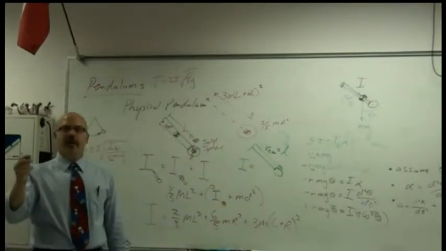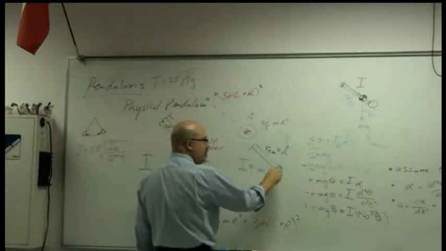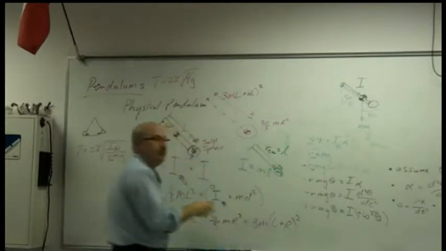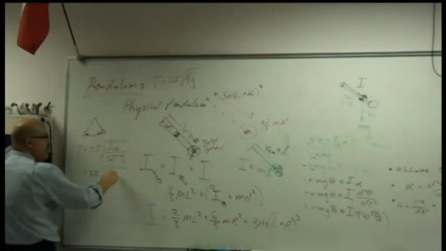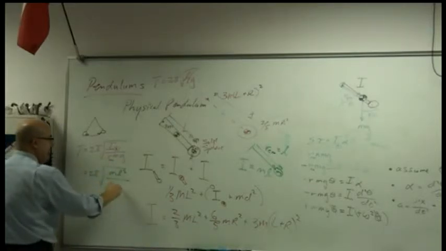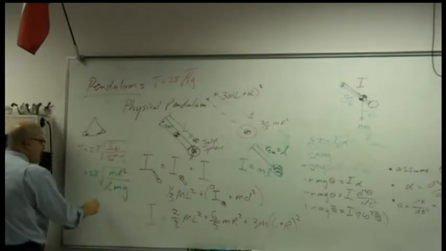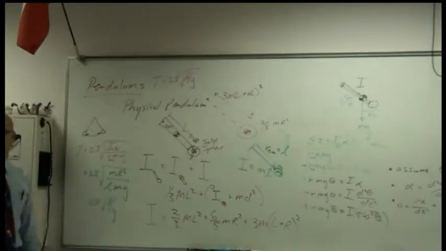It is m r squared, so our mass is m and our radius is L, giving m L squared. So let's plug that in and check. I get 2 pi square root of m L squared over L m g. What does that become? L over g. It becomes 2 pi square root of L over g, which is a simple pendulum.